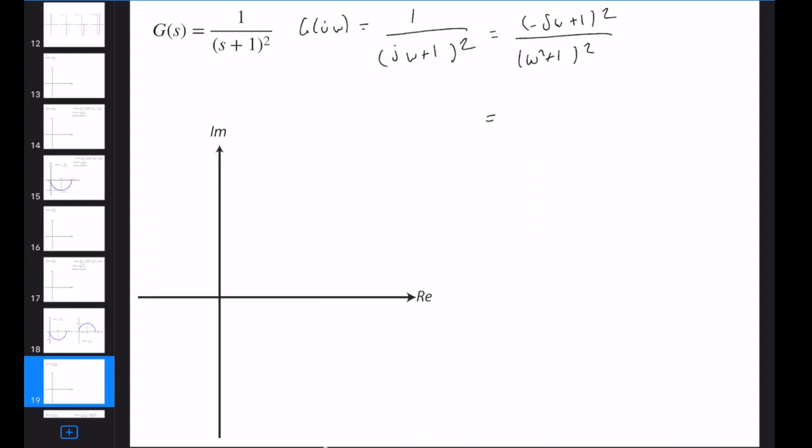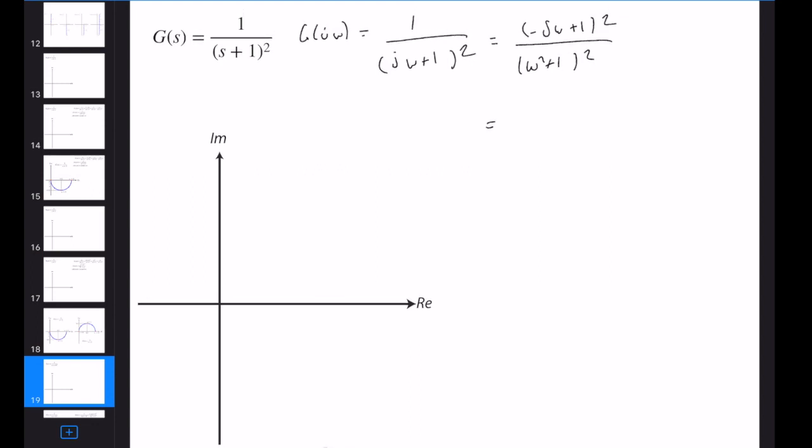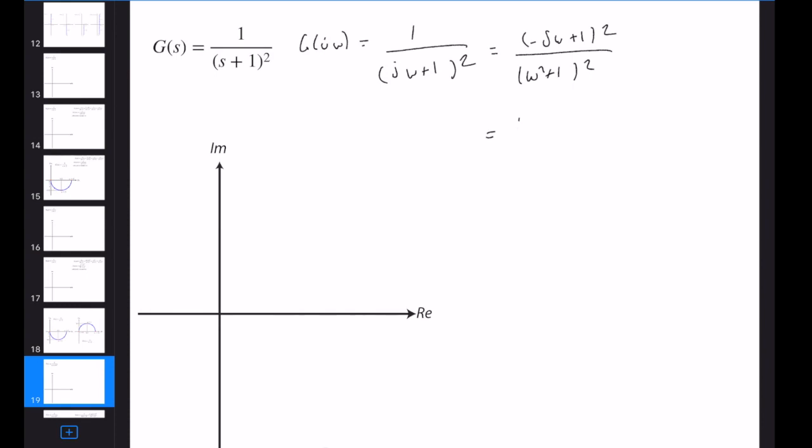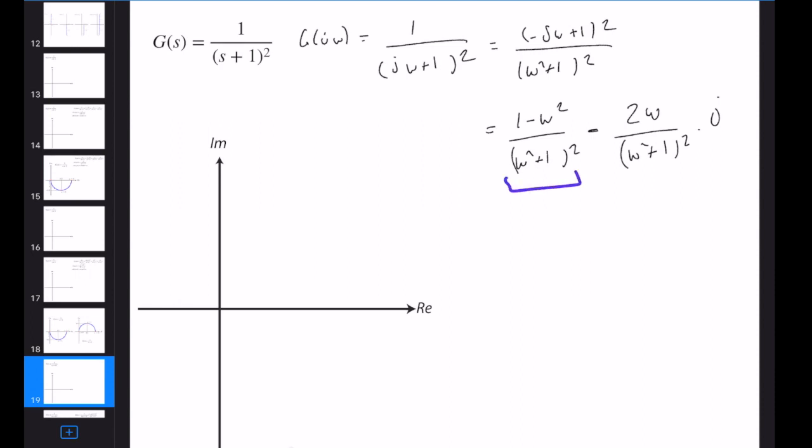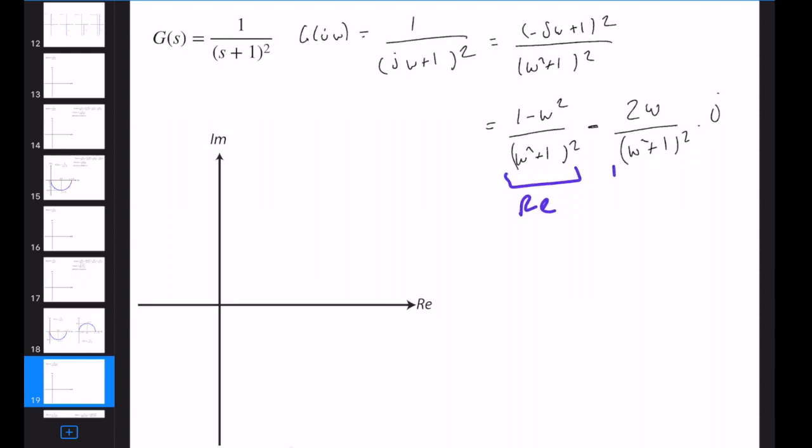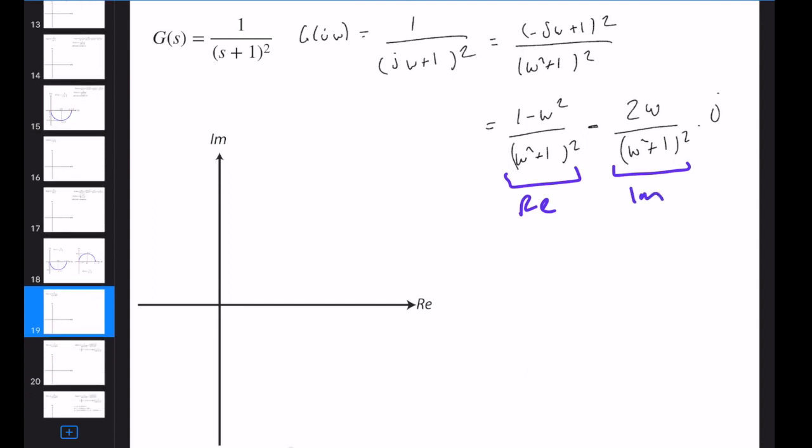If we look at this behavior, we can see that this is equal to (1 minus omega squared) divided by (omega squared plus 1) squared, which is the real part, minus 2 omega divided by (omega squared plus 1) squared times j. So this is my real part, and this is my imaginary part. Let's check if my computations or intuitions are correct.